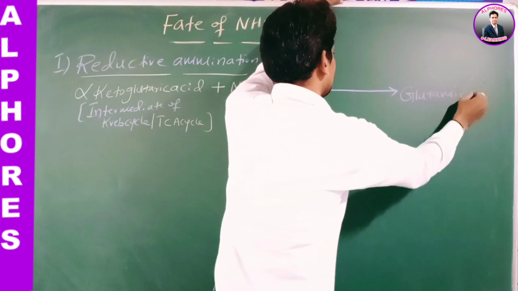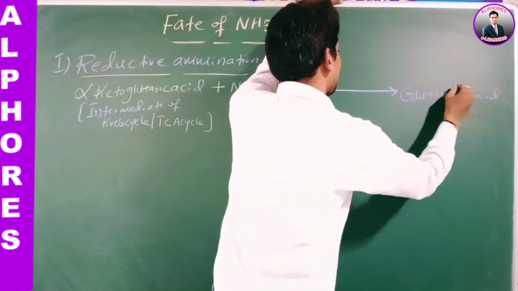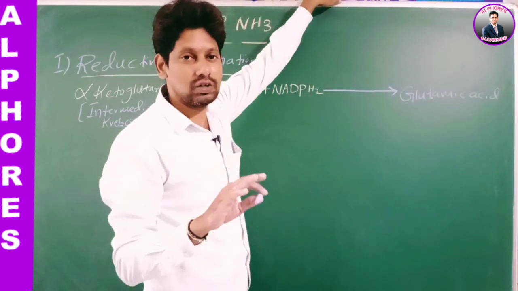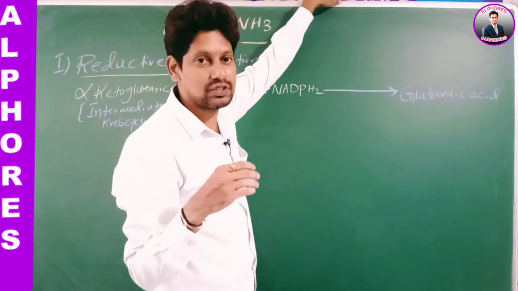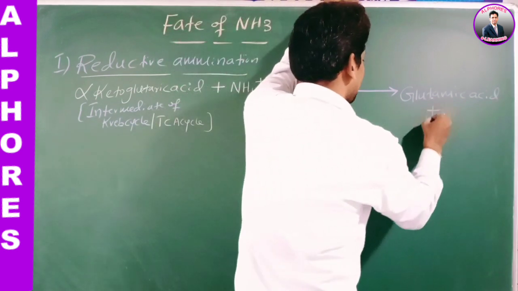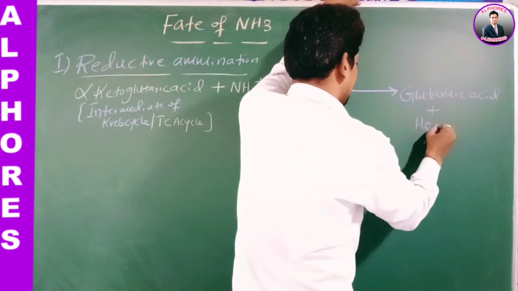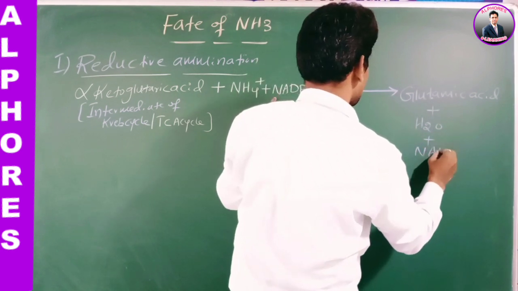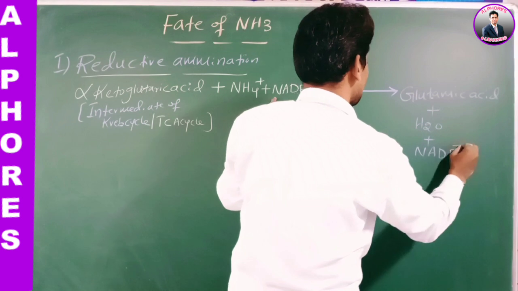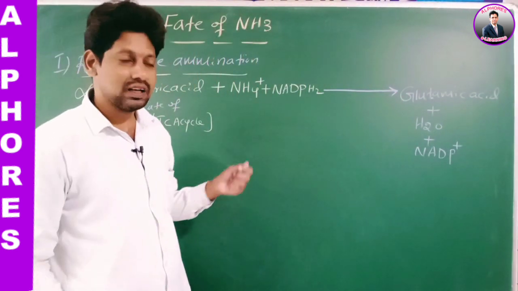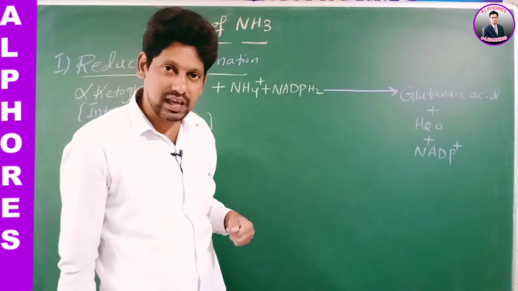If you take glutamic acid as an ion, we call it glutamate. Ion glutamate, compound glutamic acid. Along with glutamic acid, water is formed. We used NADPH2, so NADP plus is left.